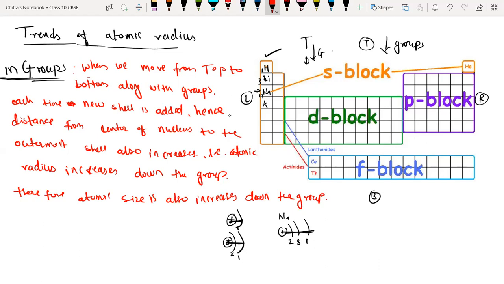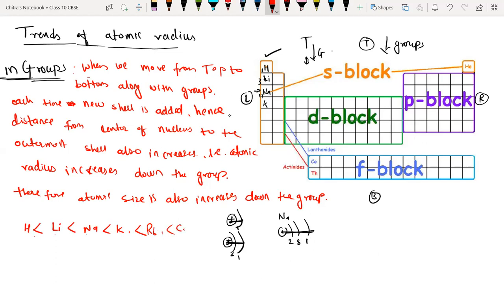Pretty easy, sir. Okay, that means the size of hydrogen is smaller than lithium. Then again, lithium has smaller size than sodium. Then potassium. After potassium, we have rubidium, cesium and francium.